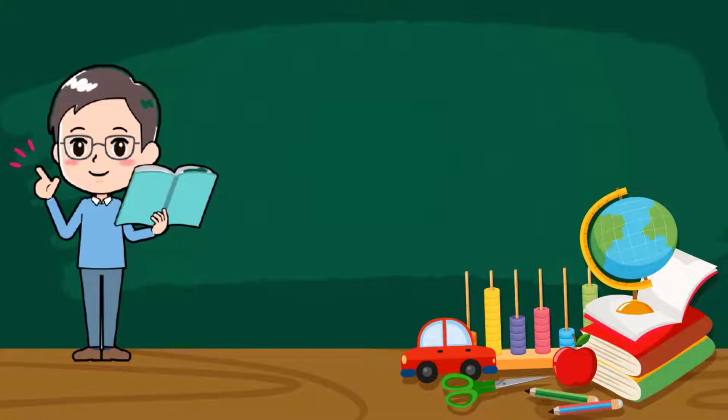The French alphabet is the same as the English alphabet, but the pronunciation is different. Let us learn the way they are pronounced. So let's start with them.